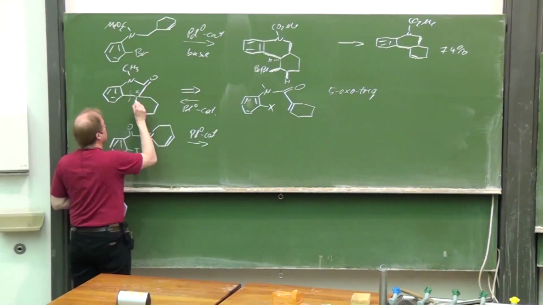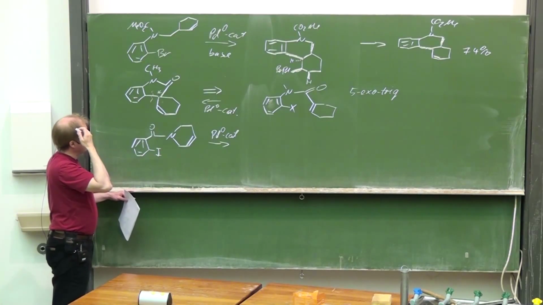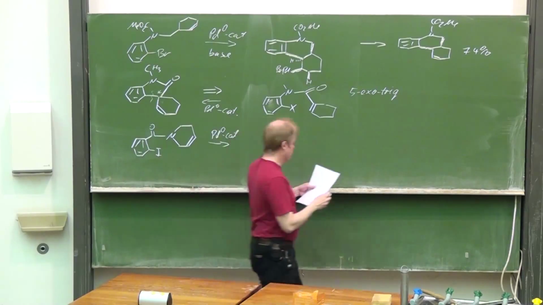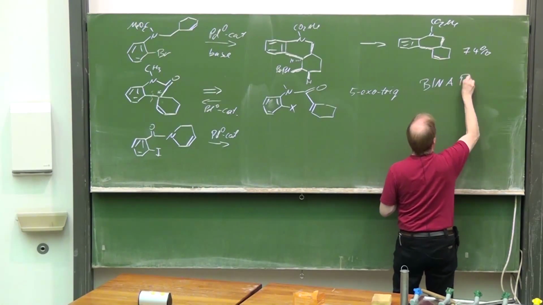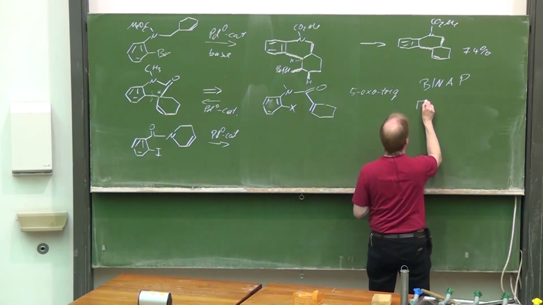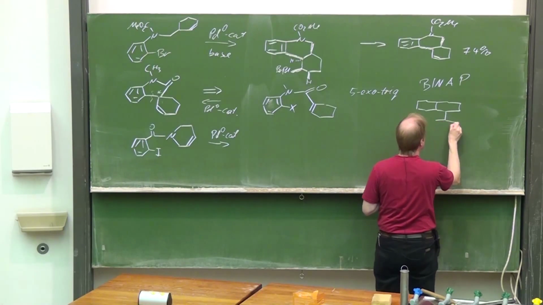You have certainly noticed that in this case a chiral center is formed, and indeed with BINAP, an atropisomeric chiral, bidentate phosphine ligand with this structure.